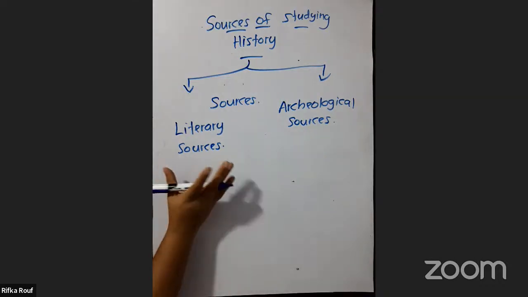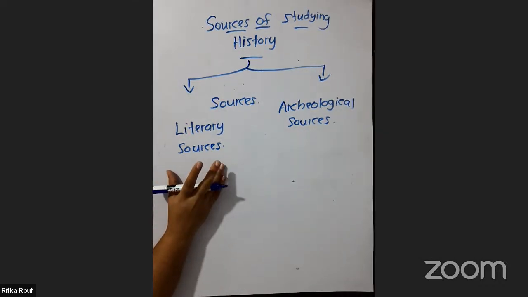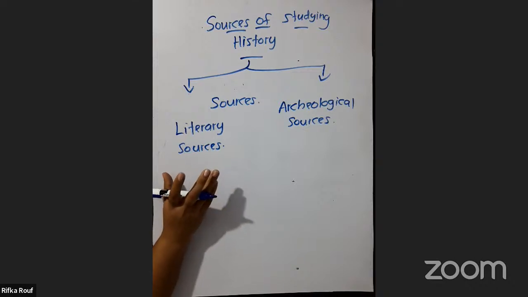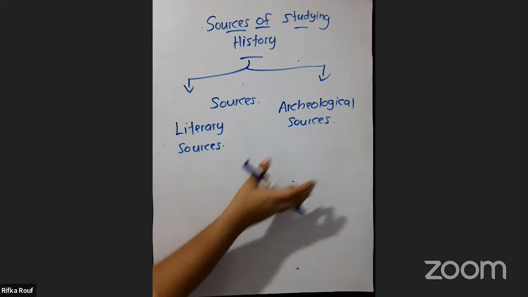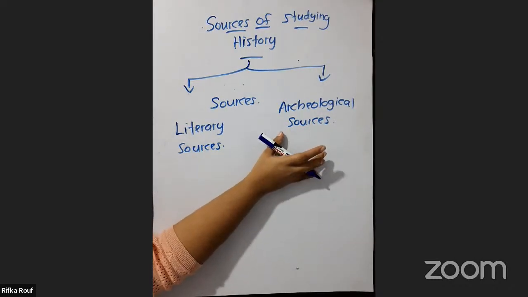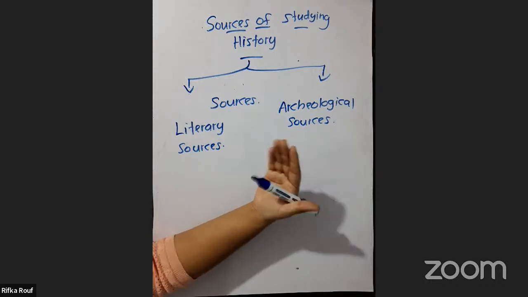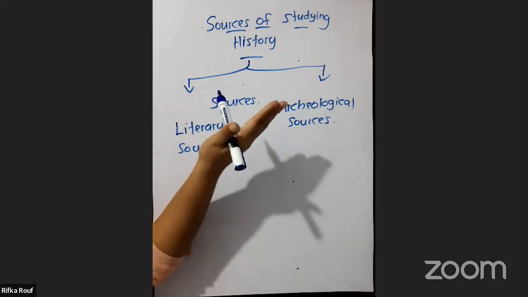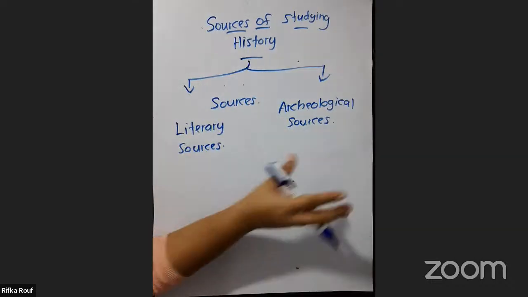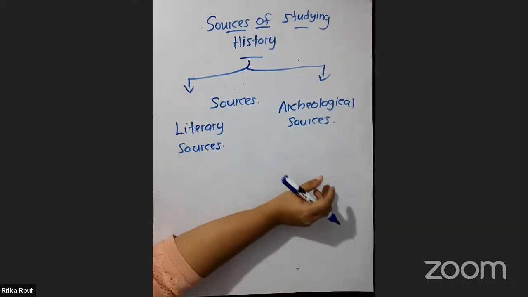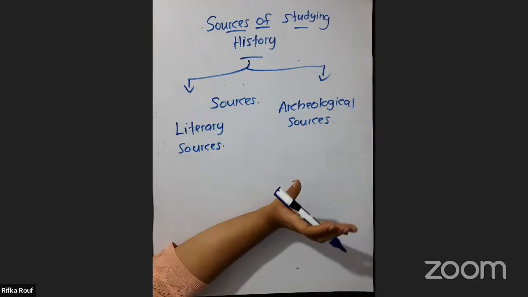The books and the documents written at different time periods by the people who lived in the past are considered literary sources. And the relics, monuments, coins, inscriptions, various ruins used by our ancestors and still remaining, they are the archaeological sources.